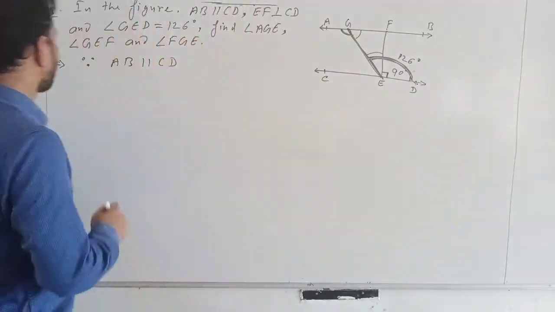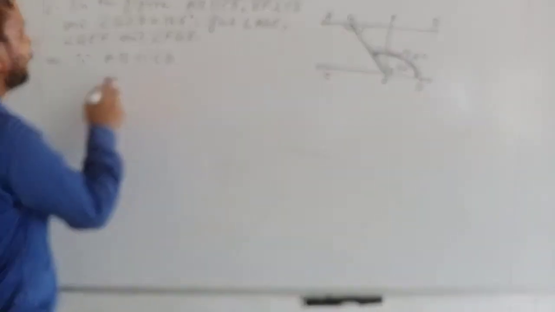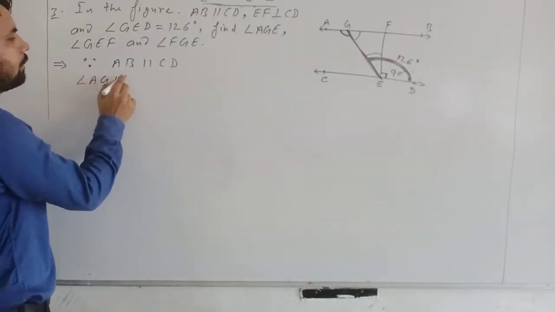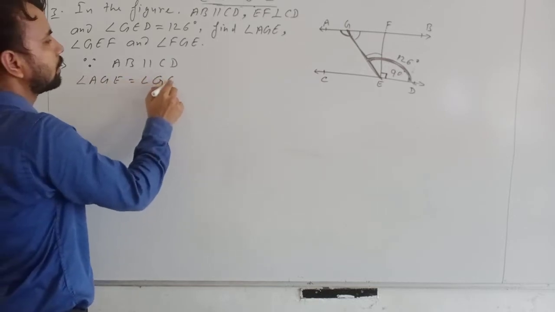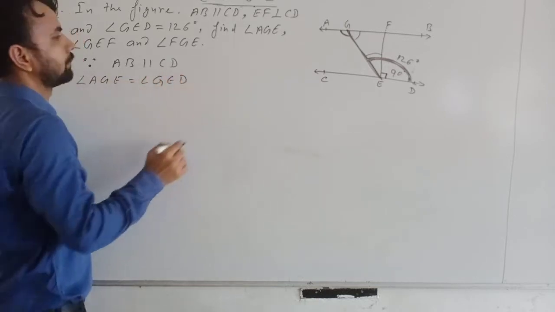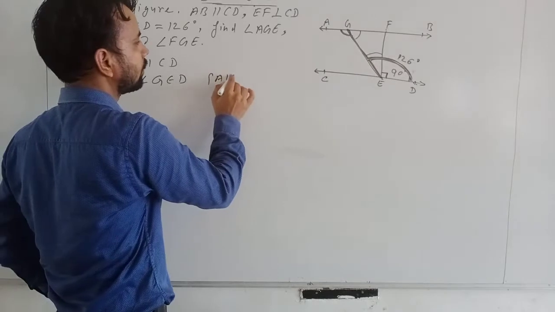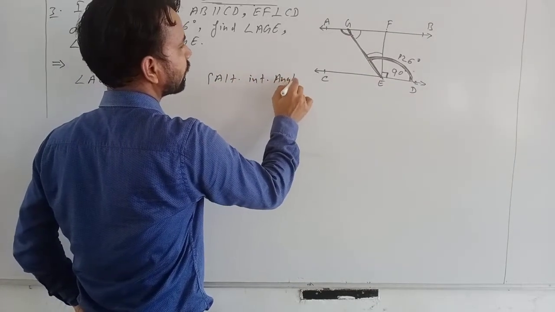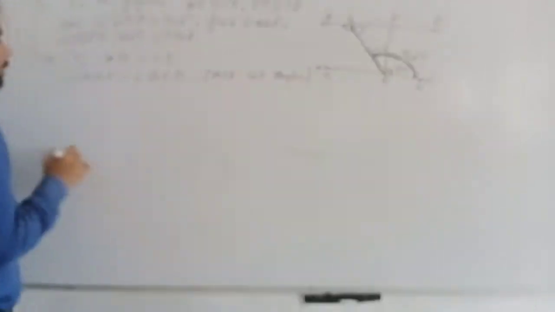Understood? Yes. So since AB is parallel to CD, hence angle AGE equals angle GED. Reason is alternate interior angles.